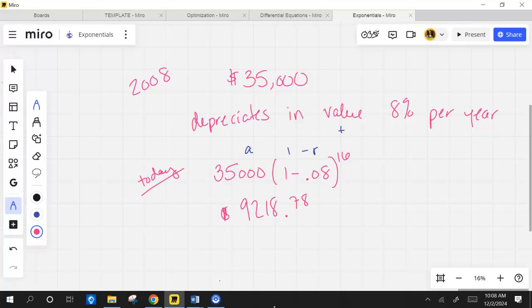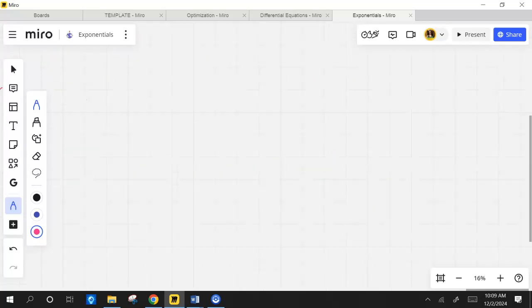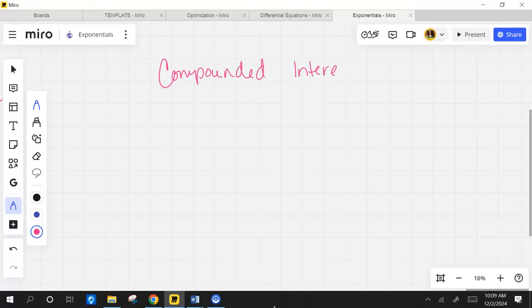Okay, let's do interest because that's the good stuff. More specifically, compounded interest, okay? We're going to talk about what we call compounded interest, which means, Grayson, if you got, what bank do you go to?